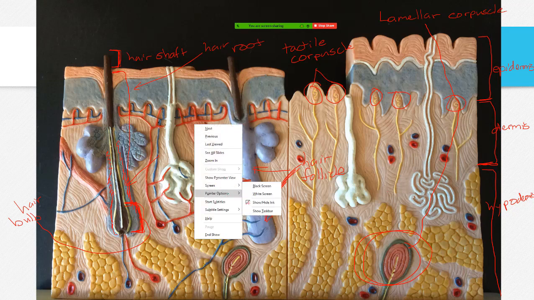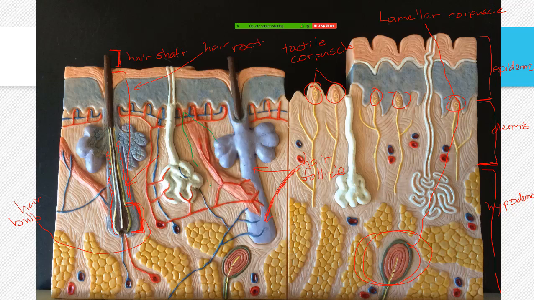Let me use a different pen. What is this structure right there? This is going to be the erector pili. That helps us cause our hair to stand on its end and everything. Good.